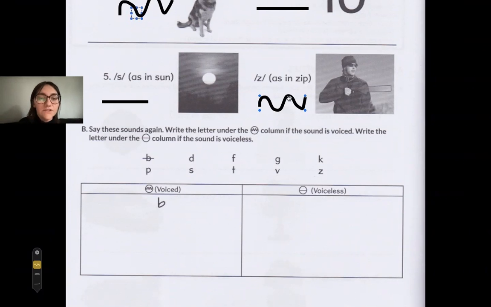Okay, so D. Let's put our hands on our throats. Duh. You feel the shaking, right? So it's voiced. So we'll write D. Oh, that was B. We want to write D. Next one is F. That one's voiceless for sure, so let's write that down.